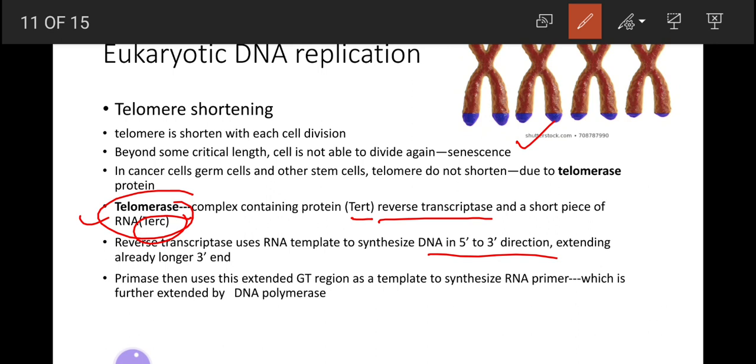Then, after the function of telomerase, primase will use this extended GT region as a template to synthesize RNA primer, which is further extended by DNA polymerase.